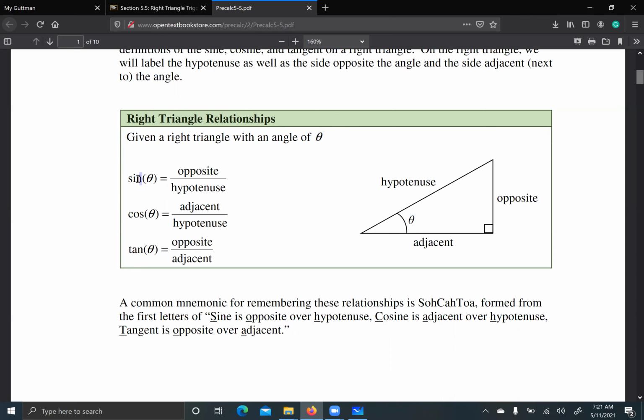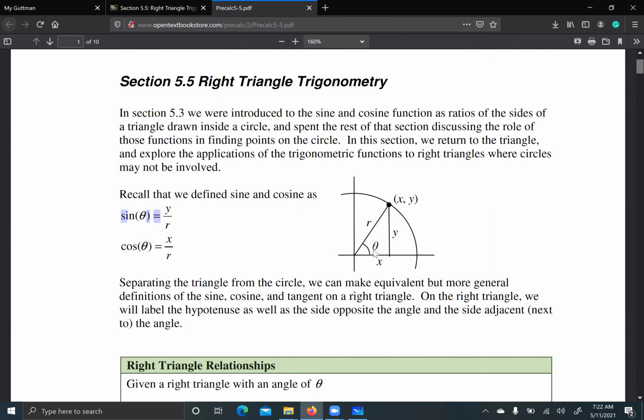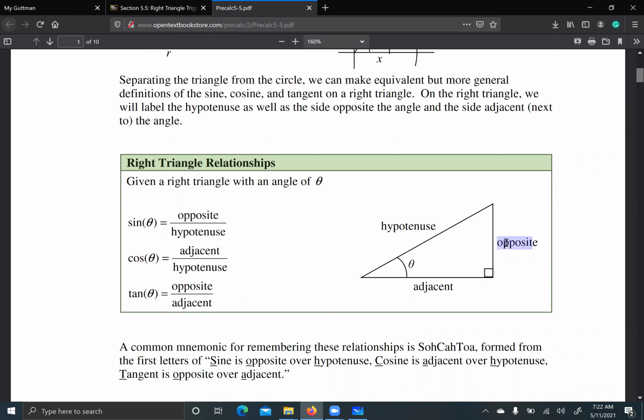Now, look at sine. What was the definition of sine? When you had a right triangle in the circle, sine was defined as the ratio of y over r. In this labeling, it's opposite over hypotenuse. That's it. So no matter the circle, as long as you have a right triangle, if you take the ratio of the opposite side by the hypotenuse, that's the sine function.